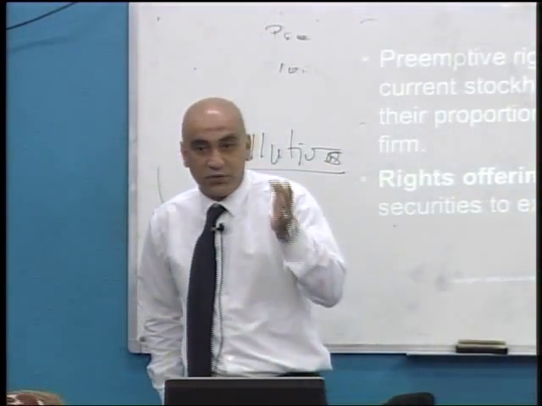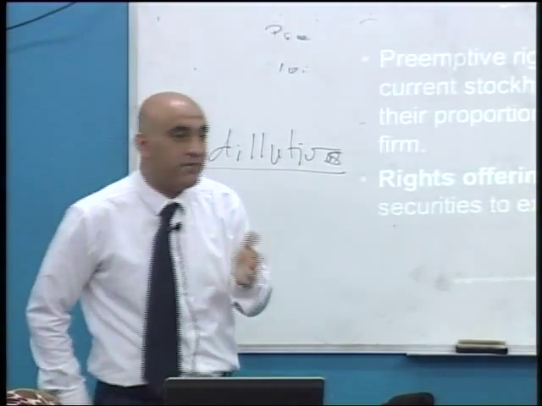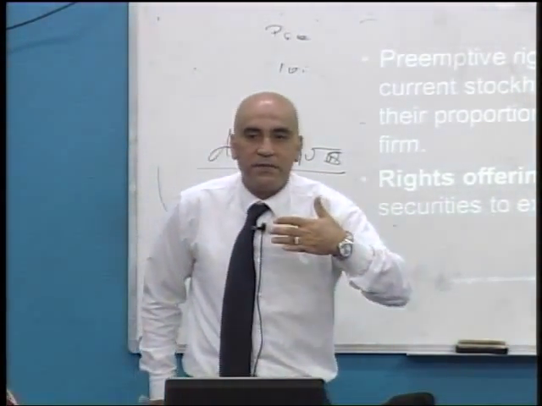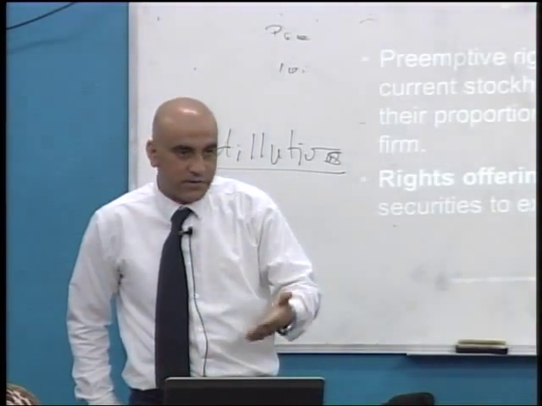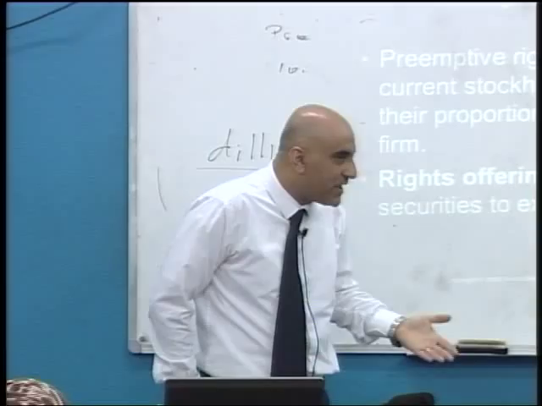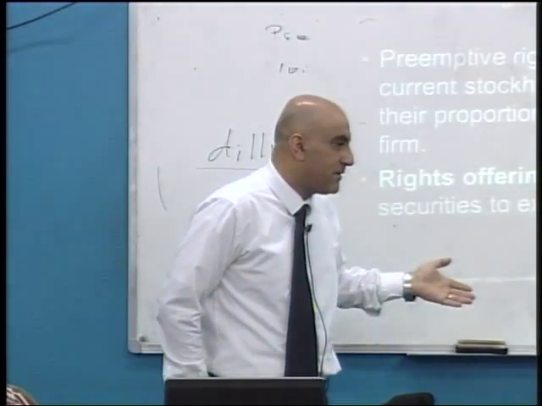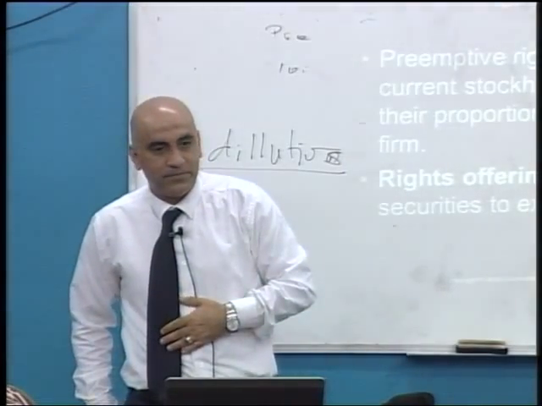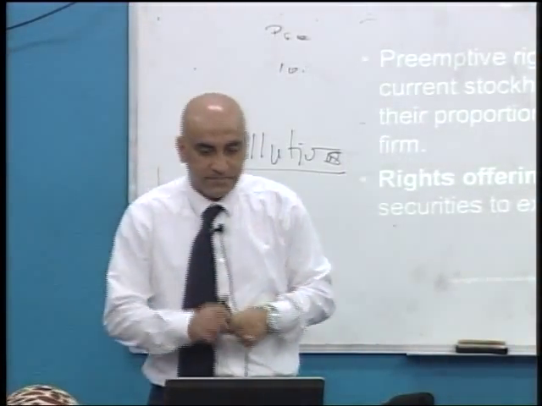So in order to avoid this dilution, the company gives them rights offerings. You have the priority of buying stocks over the others. Why do they do this? Because of the dilution. The dilution is the reduction in the EPS, the earnings per share.